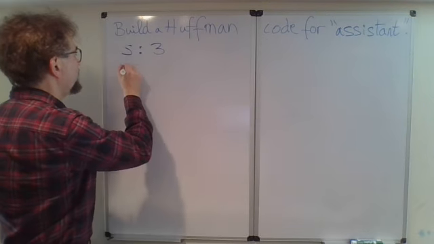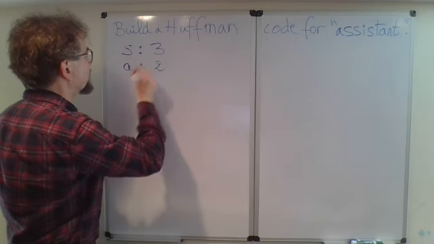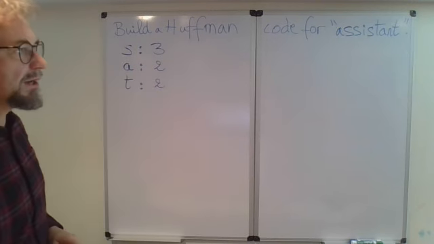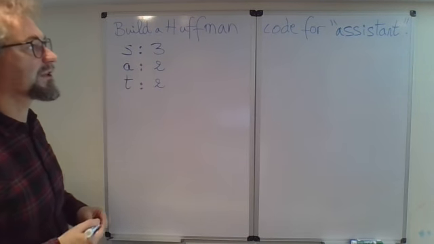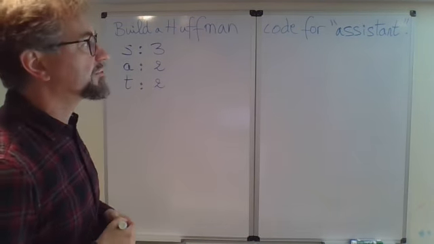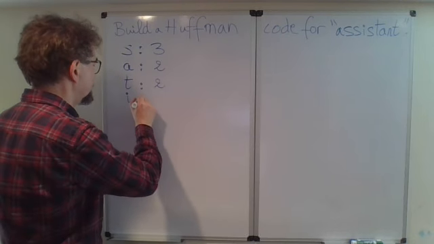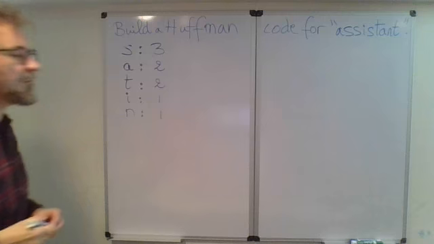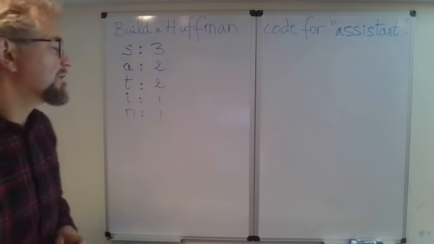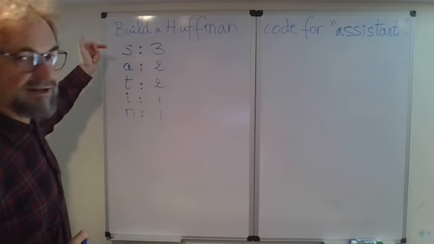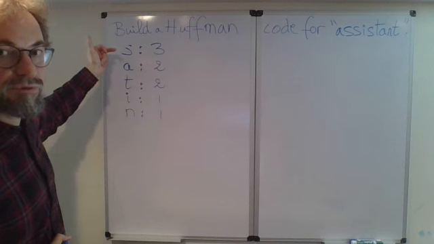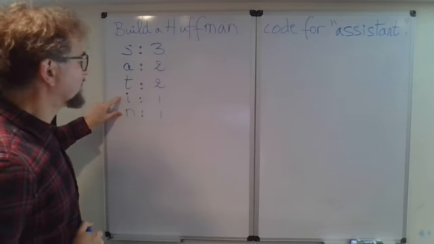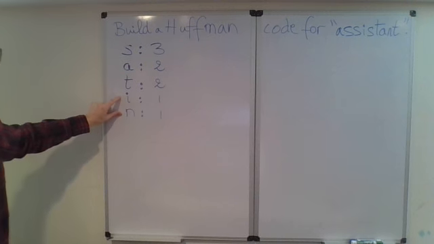We put the A first because it occurs earlier in the alphabet, and we do likewise for the letters that occur only once, so the letters I and N. So in our Huffman code we will see that the letter S, since it occurs most, will actually occur with less bits than the letters I and N.